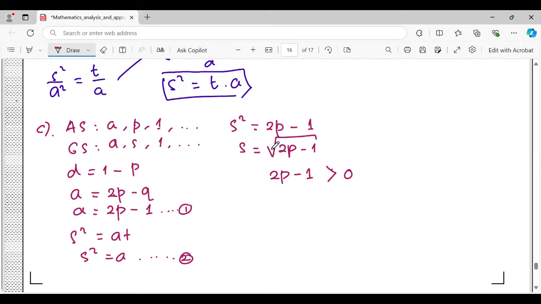If 2P minus 1 is negative, it's impossible as well, because it will be imaginary numbers. So that's why 2P minus 1 should be greater than 0. If 2P minus 1 is greater than 0, then 2P is greater than 1, and P is greater than half.